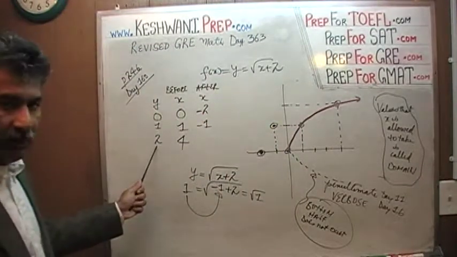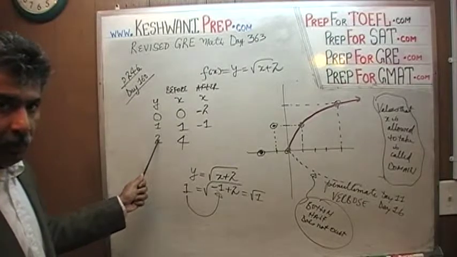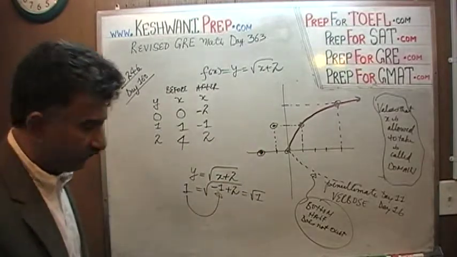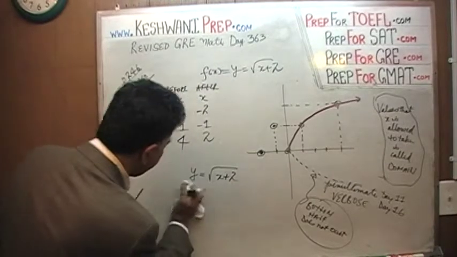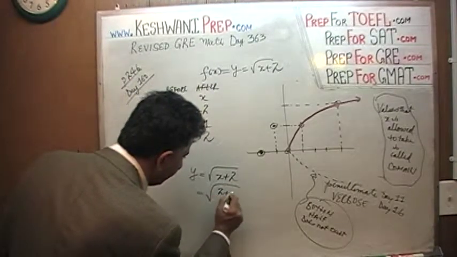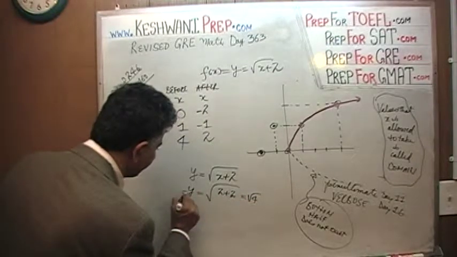Similarly, before, y was 2 when x was 4. Now y is going to be 2 when x is only 2, because it's been shifted to the left by 2 units. As we can clearly see here, if x is equal to 2, we get 2 plus 2, which is square root of 4, and that's y, and that's going to equal 2.